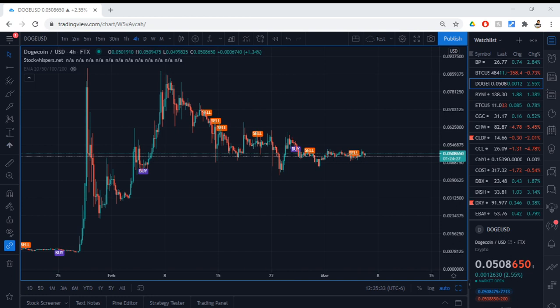No. Does anyone have any more questions about the indicator or the strategies or how to use them? Not for now, thanks. No problem.